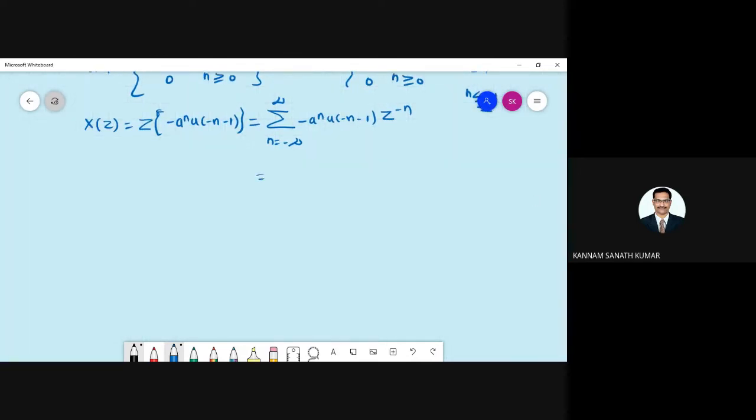So if you take this, u of minus n minus 1 is defined only for n less than or equal to minus 1. So that means n equal to minus infinity to minus 1. Okay, for n greater than or equal to 0, the given function is 0. Okay, so minus a power n z power minus n.